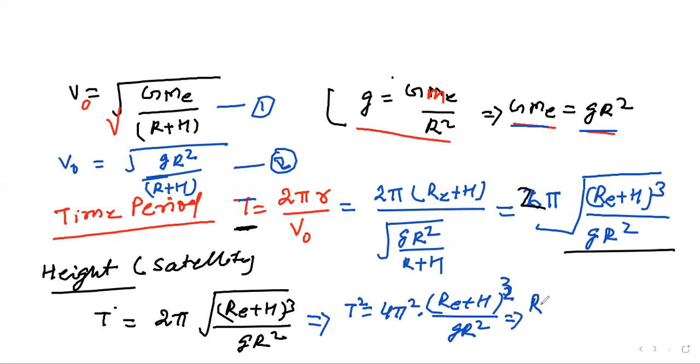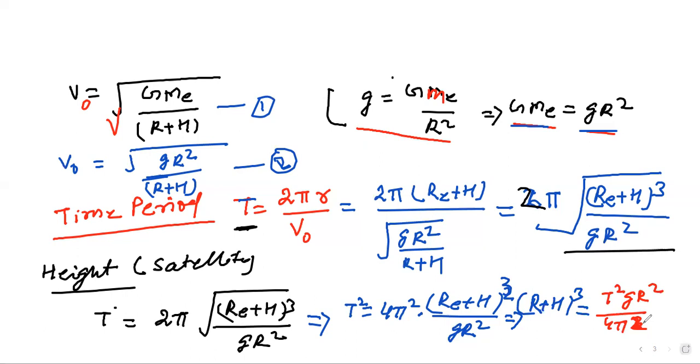So (R plus H) cube equal to T square g R square upon 4 pi cube. Not 4 pi cube, it is 4 pi square. Because on one side it is (R plus H) cube, we have to take the cube root on both sides. So after that we get R plus H equal to T square g R square upon 4 pi square, to the power 1 by 3.